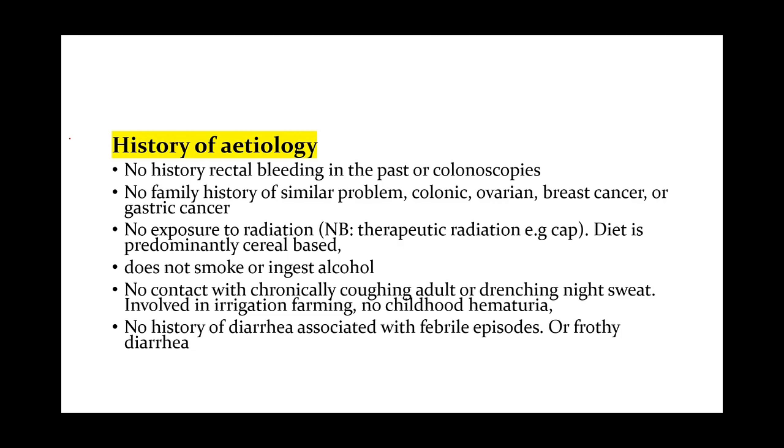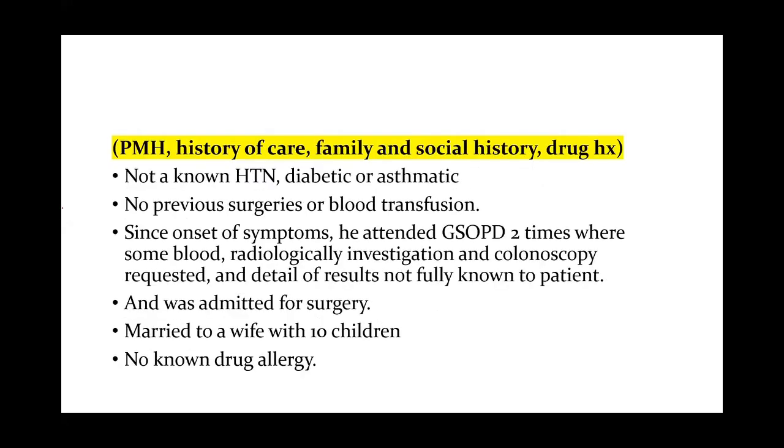Involved in irrigation farming, no childhood hematuria. No history of diarrhea associated with febrile episodes or frothy diarrhea. Not a known hypertensive or diabetic or asthmatic. No previous surgeries or blood transfusions.